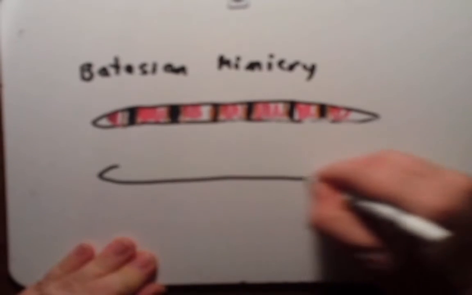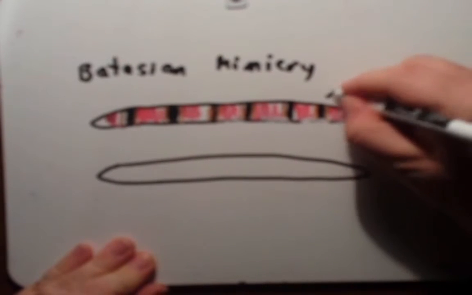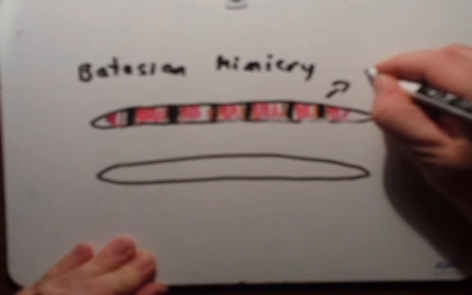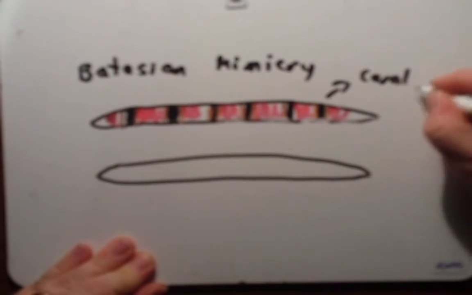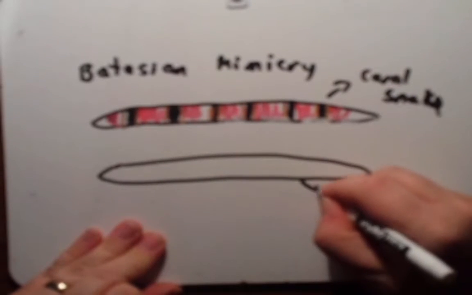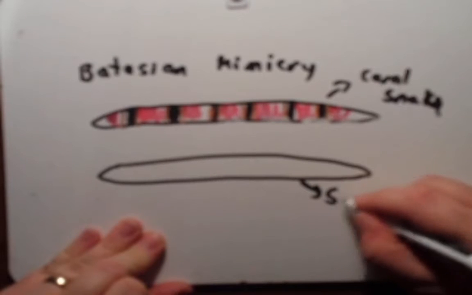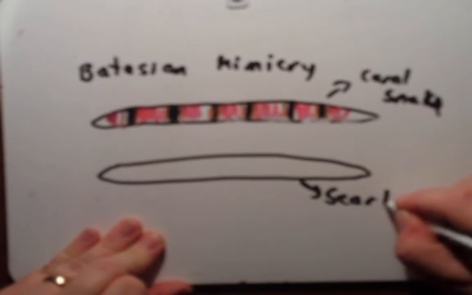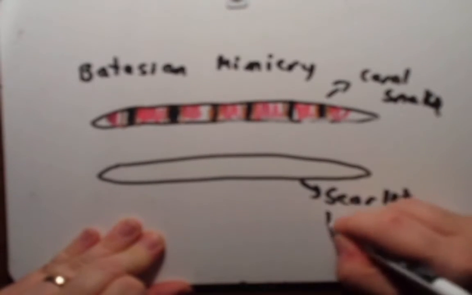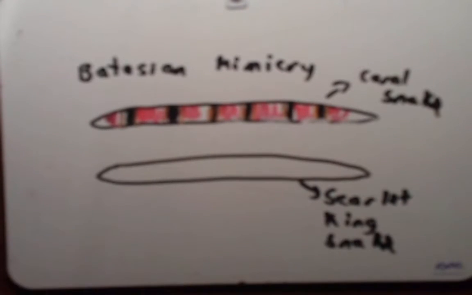Another snake, so this is our coral snake. So this other snake, let's call this the scarlet king snake, is not venomous.